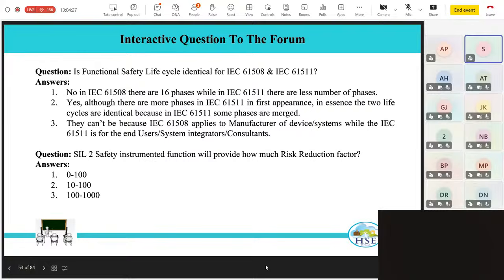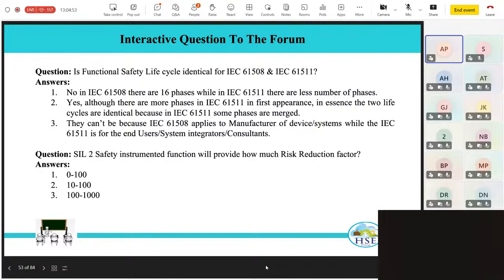You can explain. So the first question was, is the functional safety life cycle identical for IEC 61508 and IEC 61511? As sir explained, IEC 61508 is an umbrella standard, and from that, IEC 61511 and all other standards are provided for various industries.